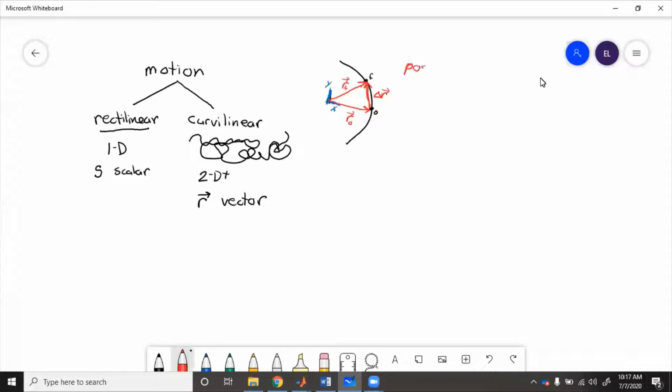Now position. So this is the r vector, is location in space. Now displacement, change in r. So displacement equals r final minus r initial.